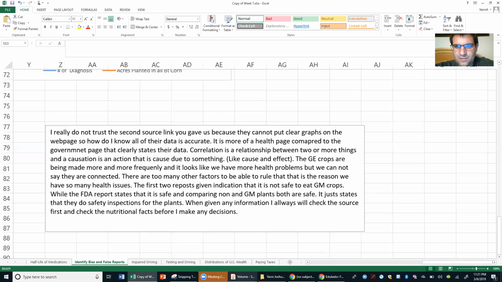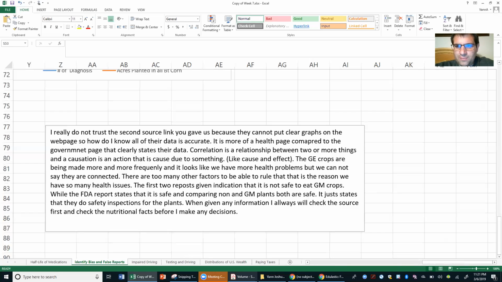Correlation is a relationship between two or more things, and causation is an action that is caused by something, like cause and effect.